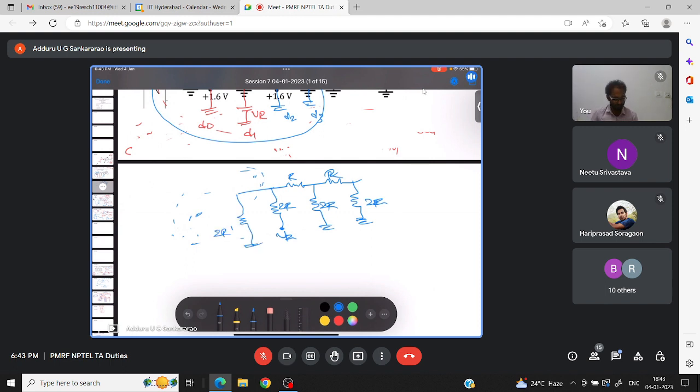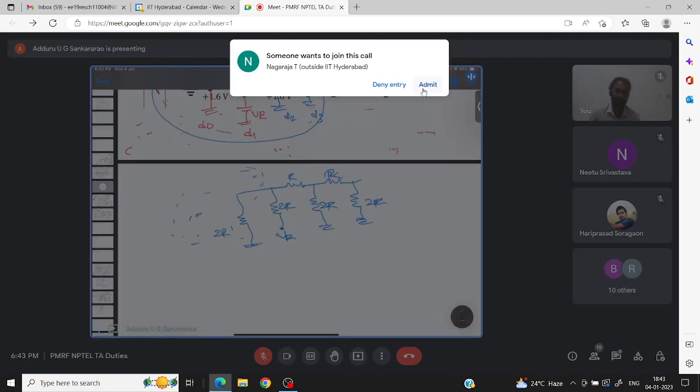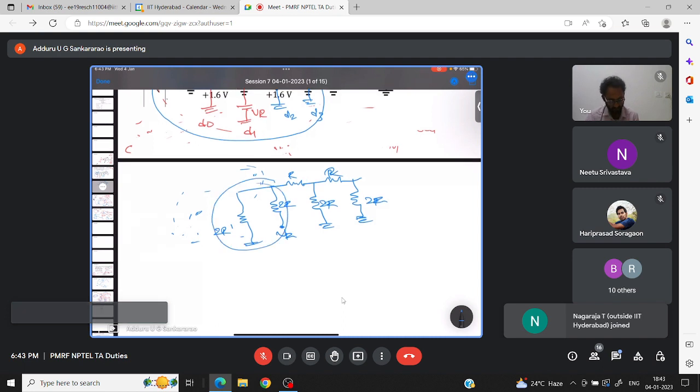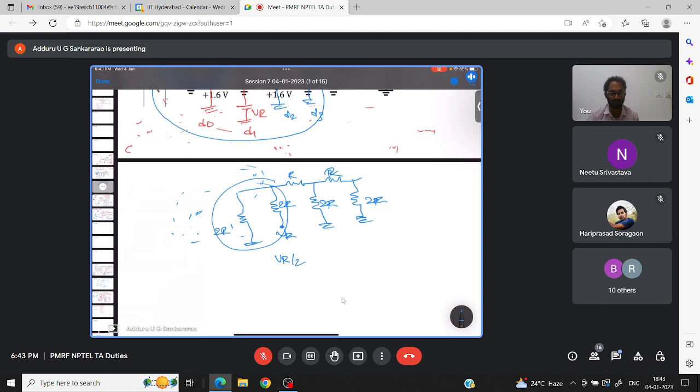Now I can follow the same procedure as earlier. For this ladder, you apply the Thevenin's equivalent and you will get VR by 2 and R. Again you replace with VR by 2 and R like this. Then one more ladder, VR by 4 you will get.